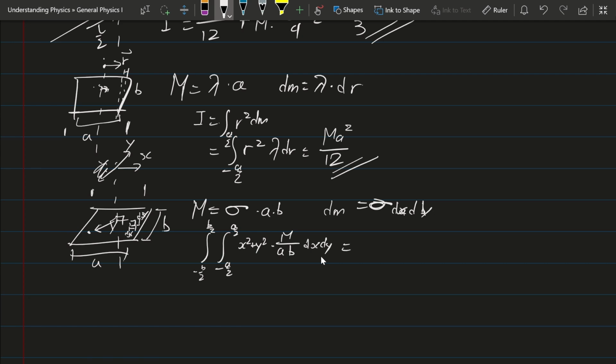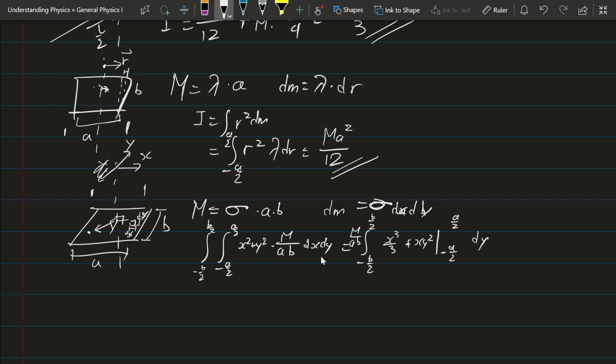So doing the integral, we would obtain negative b over 2 to b over 2, and doing the integral over x, we'll just put the m over ab towards the front. We would obtain x cubed over 3 plus xy squared, evaluated from negative a over 2 towards a over 2. And you would later need to do another integral in the y direction.